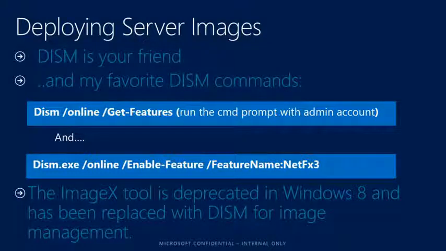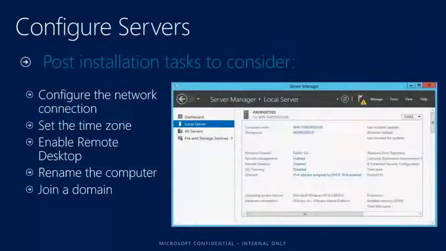So, okay, configuring servers. After you've gone through the process of installing Server 2012 and you've set up everything the way you want it to work, you're going to have to think about these areas: configuring the network connection, setting the time zone, enabling remote desktop management, renaming the computer, right?